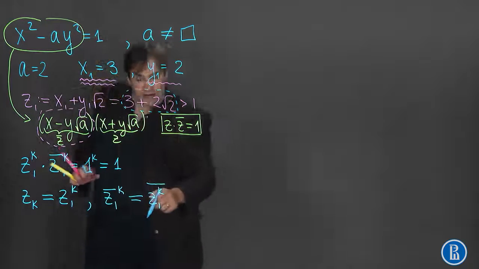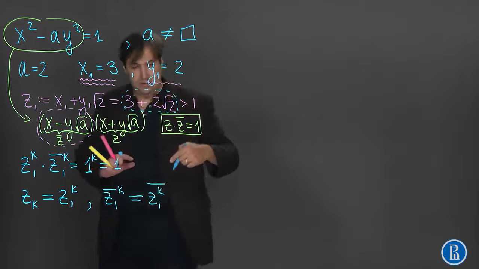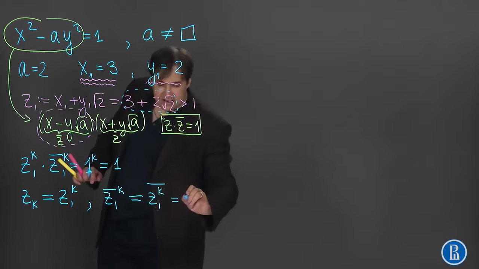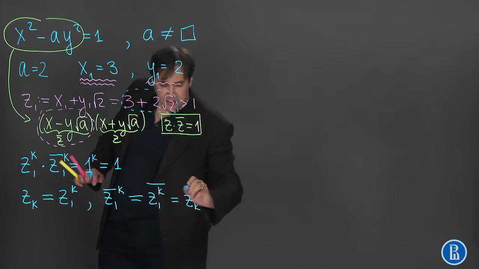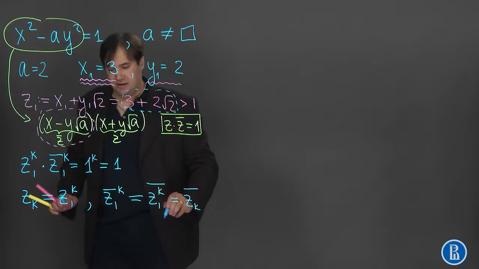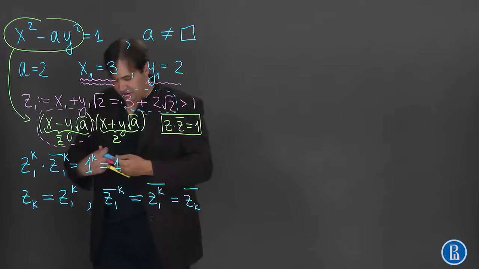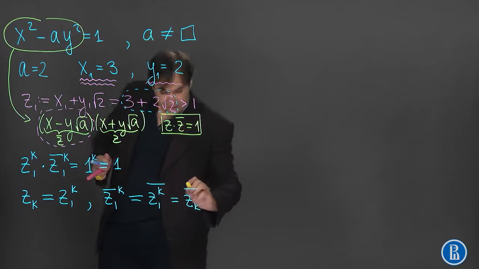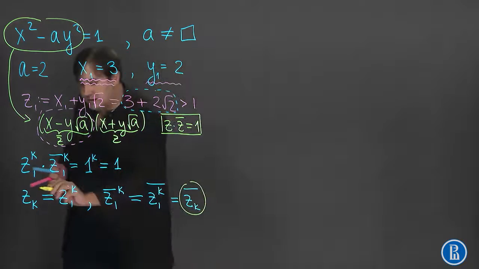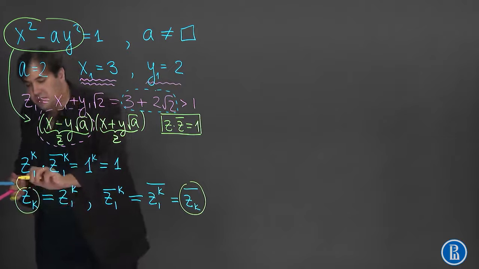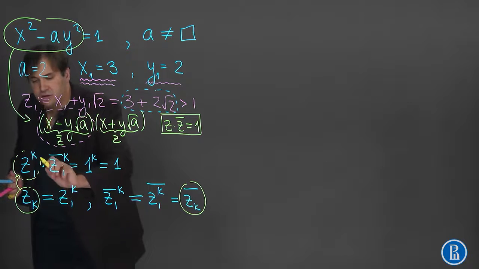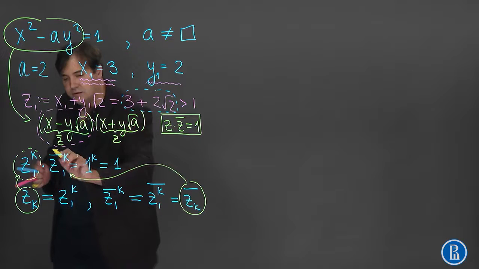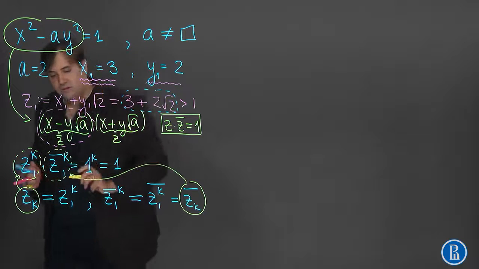So first we raise it to the power of k and then we apply the operation of conjugating. And this is actually zk conjugated. So zk conjugated and zk actually participate in this equation here. Well, it is not already an equation, it is a kind of solution of the Pell's equation.